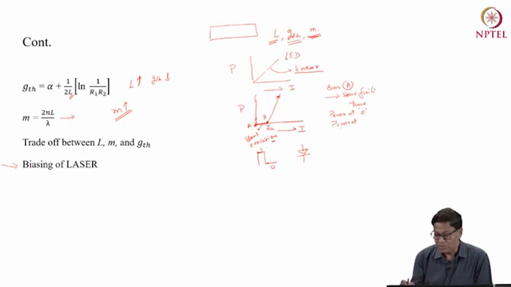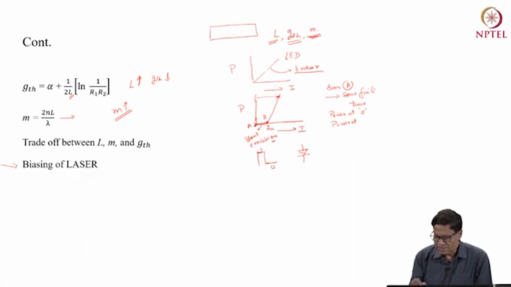So extinction ratio is good here because the power at 0 level is almost 0. And power at 1 level is quite high. So that ratio is very high, or extinction ratio is very high. So at the receiver, when you're decoding, it becomes a little easier because the difference between two power levels is quite high. So you are able to find out the difference between logical 0 and logical 1.